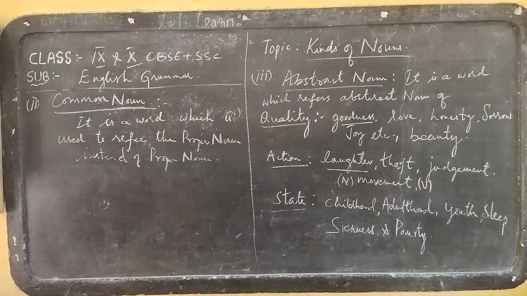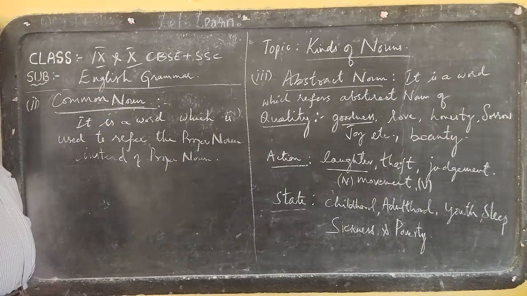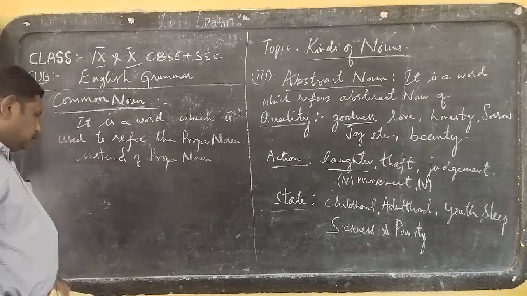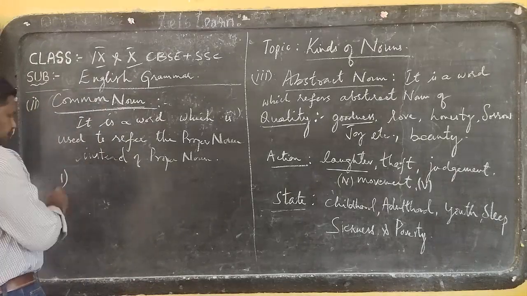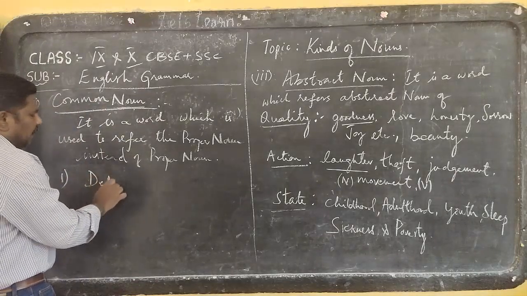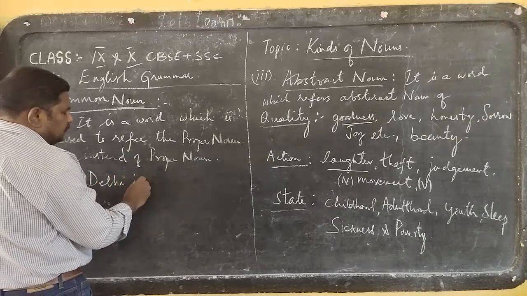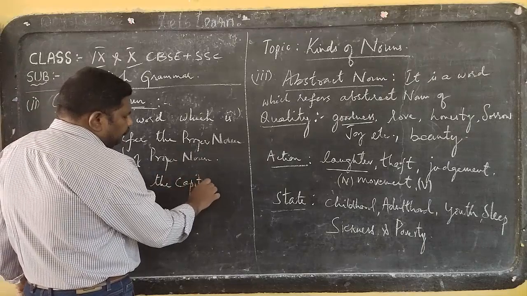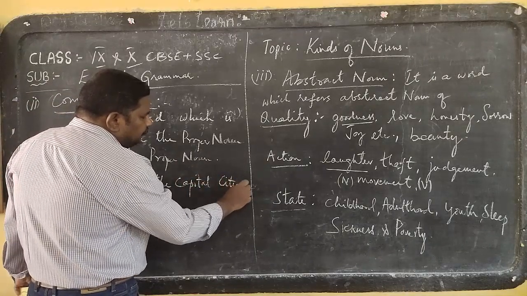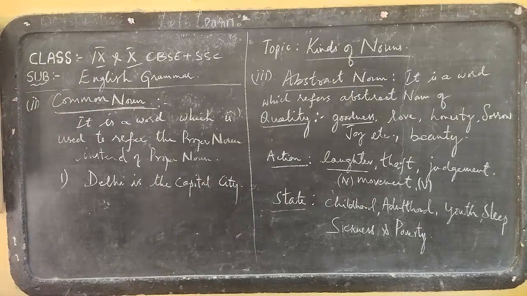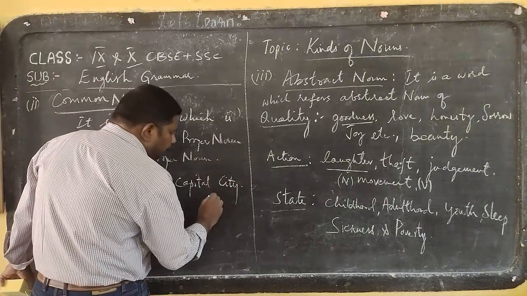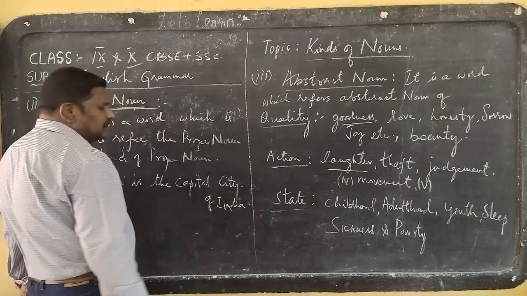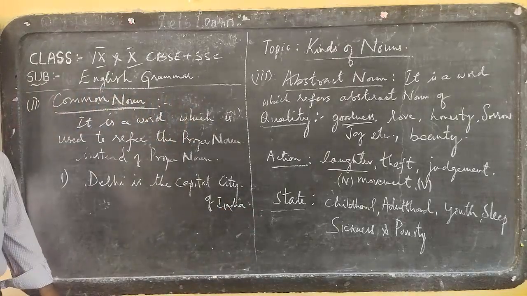For instance, now children, a common noun is a word which is used to refer to the proper noun. Suppose, let me give you an example. Delhi is the capital city of India.